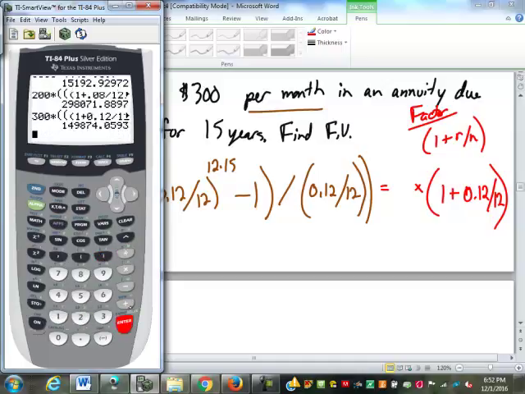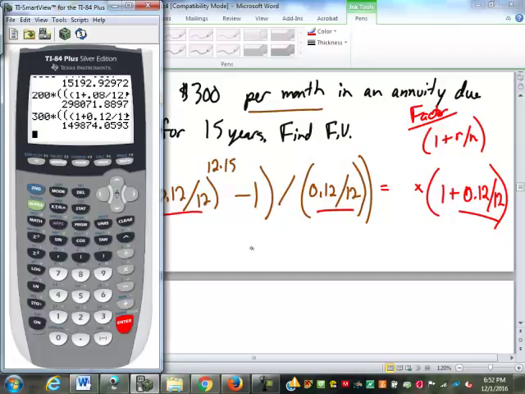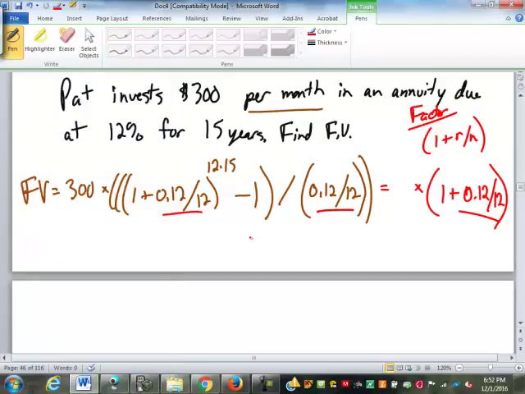For the first part of that formula, the 0.12 divided by 12, is that always going to be the same as the first? Yeah, this and this, and that, yes. Those will always be the same. So $149,874.06.